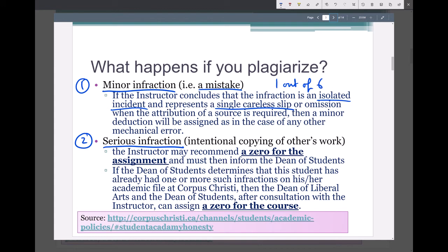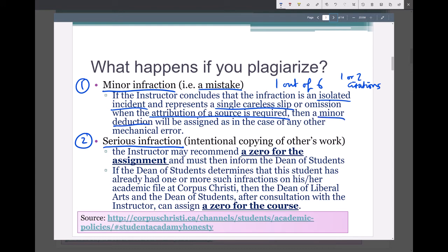Or you miss 1 or 2 citations in the essay. It's possible you may find yourself running out of time, you may find yourself running out of energy, or it's a new skill for you, so you may miss things, but you tried your best to cite everything.